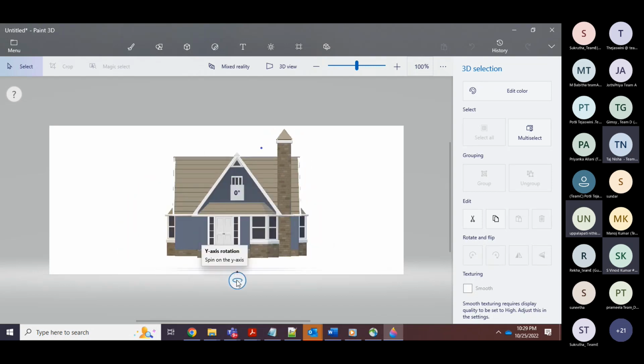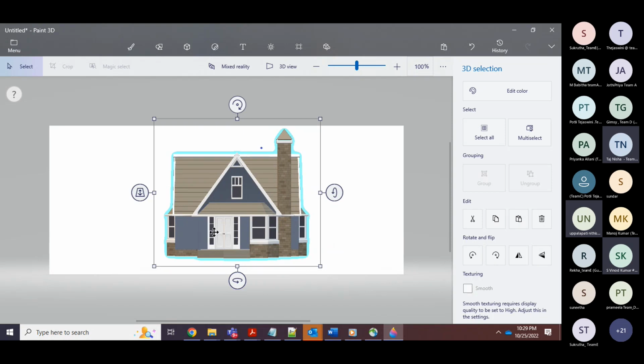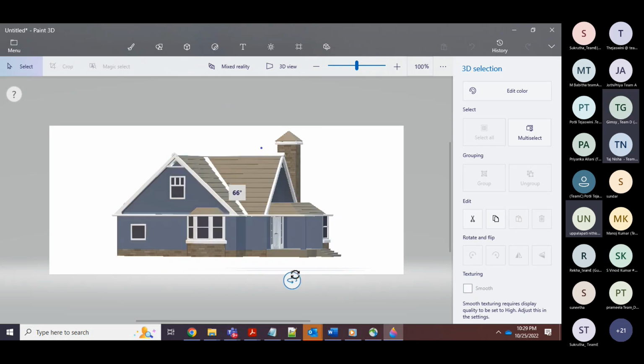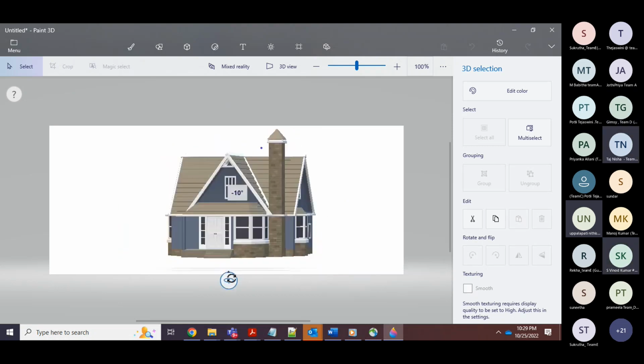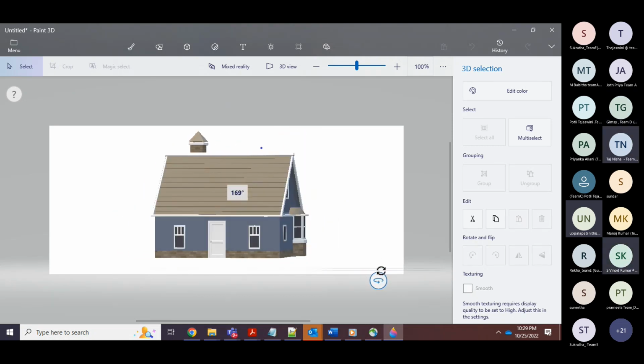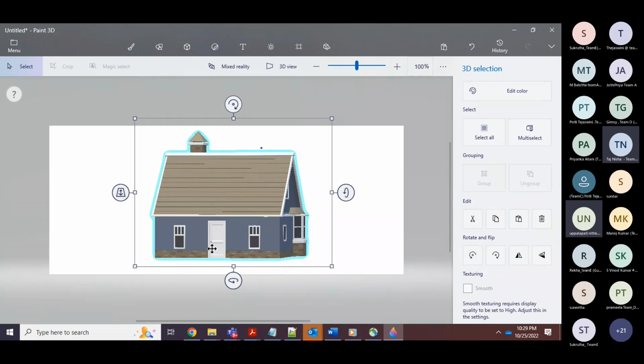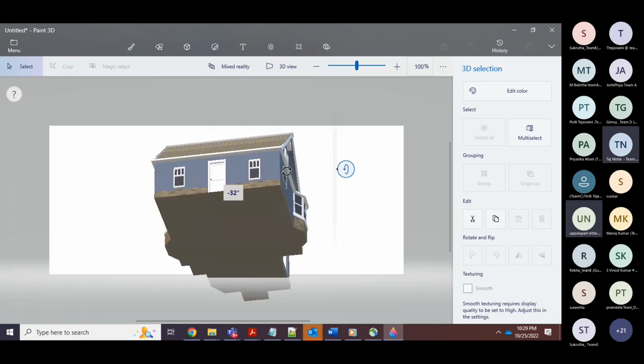Here the house has a door, and the door has a door number, correct? The house has a front door, and this is the back side of a door, right?